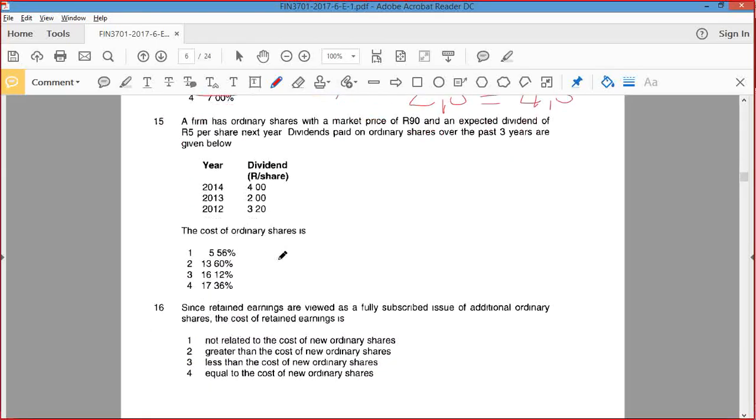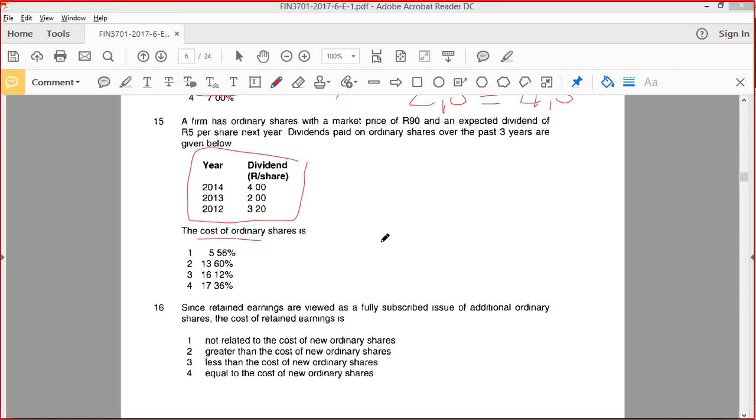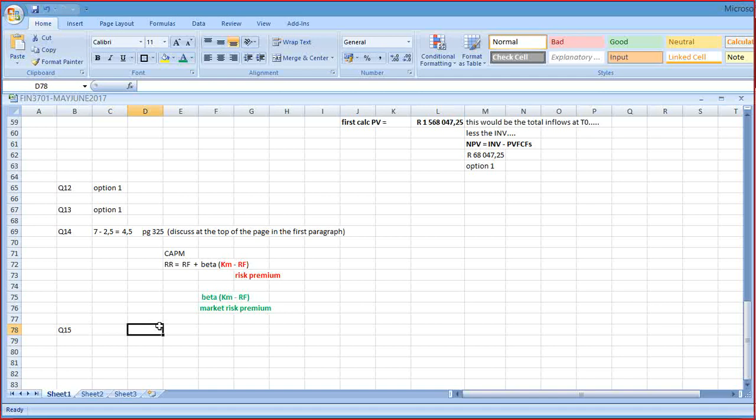Right, 15. A firm has ordinary shares with a market price of 90 Rand and an expected dividend of R5 per share. Dividends paid on ordinary shares over the past 3 years are given below. They want you to work out the cost of ordinary shares. You can use the formula that's in your textbook, the formula in my notes, or Gordon growth. They all work out the same.